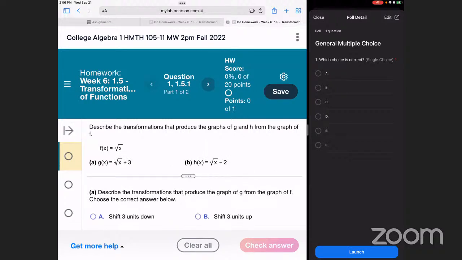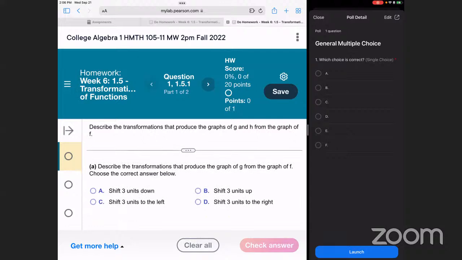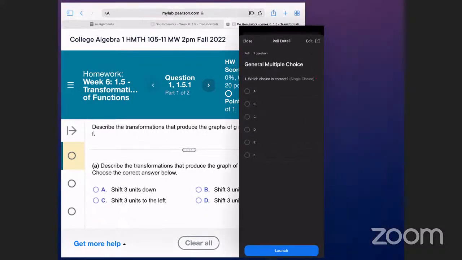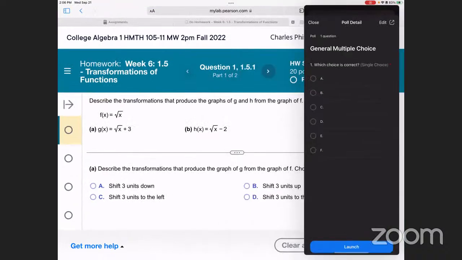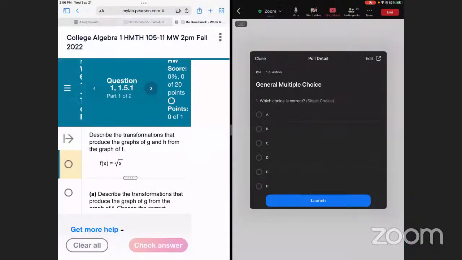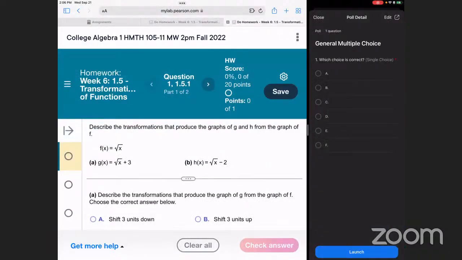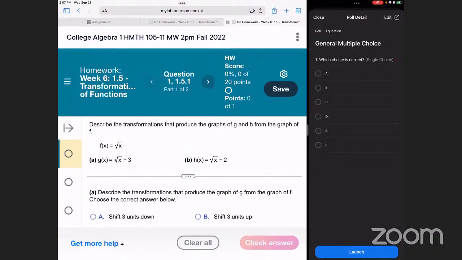This should be fine. Let me do this instead. Okay, that looks a little bit better. But now you can't see that. Okay, so there is a poll. Yeah, this doesn't work for me. Let's go like this. And then what we can do here is let's zoom out.